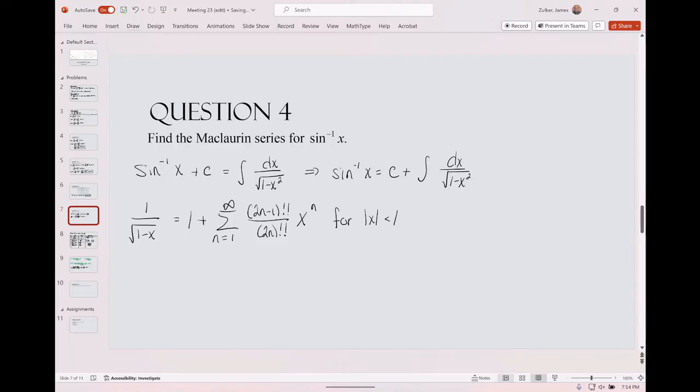Good. Now we can find one over the square root of 1 minus x squared.